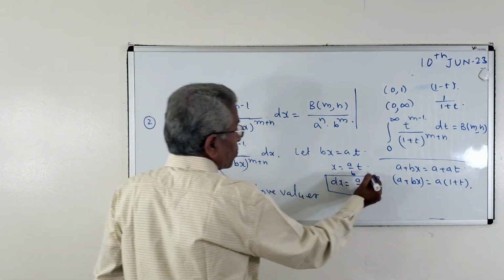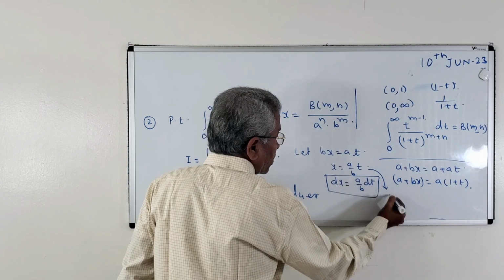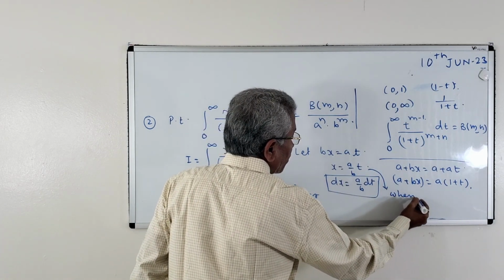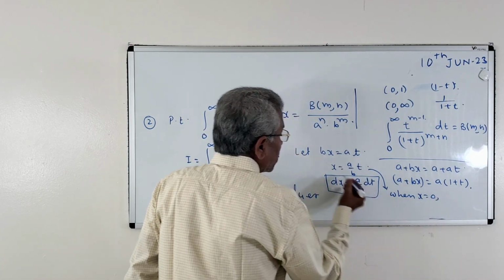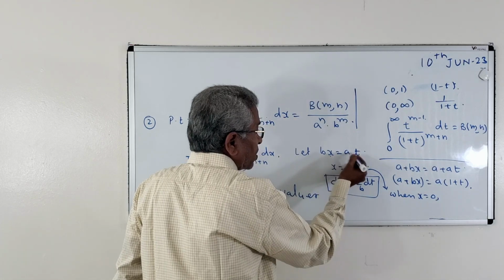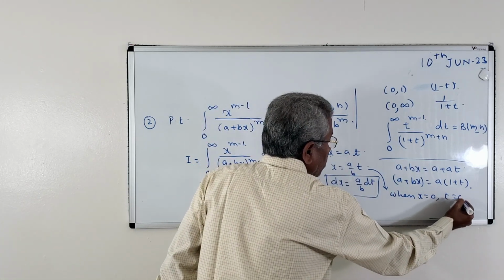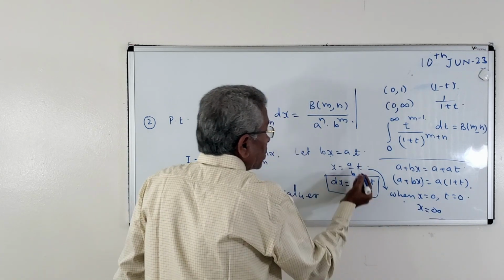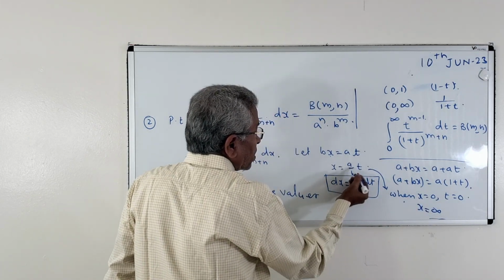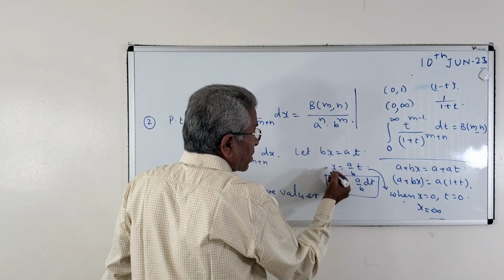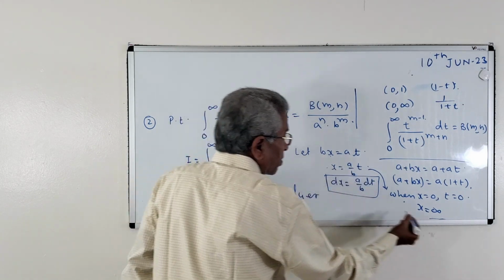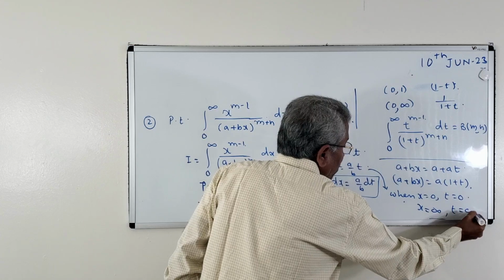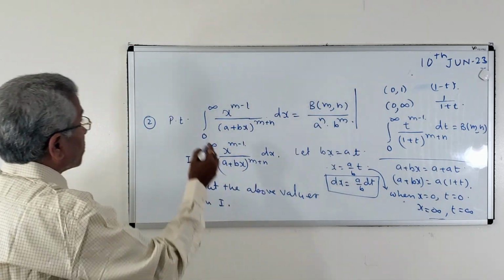When x is equal to 0, from this substitution, t will be 0. And when x is equal to infinity, x is infinity, infinity equals a by b, so t will be infinity. So limits are the same limits, but we have to write the limits.